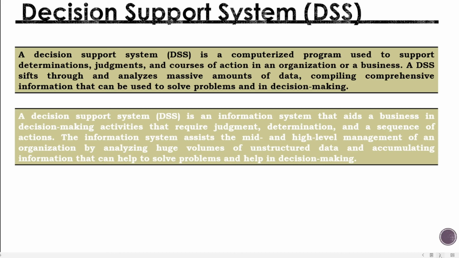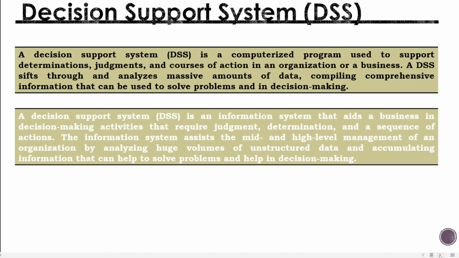Okay, so let us define now what is DSS. DSS, yan yung definition natin, leverages a combination of raw data, documents, personal knowledge, and even business models to help users make decisions. So, data sources of the DSS could include data from the TPS, MIS, and other information systems.